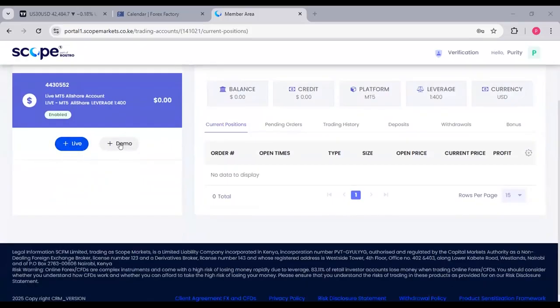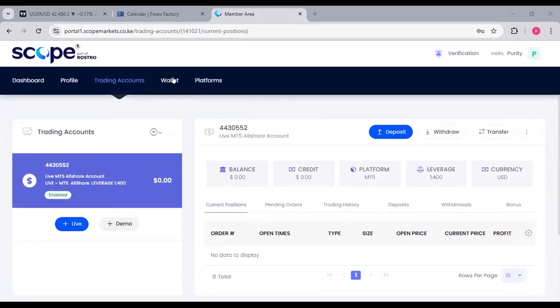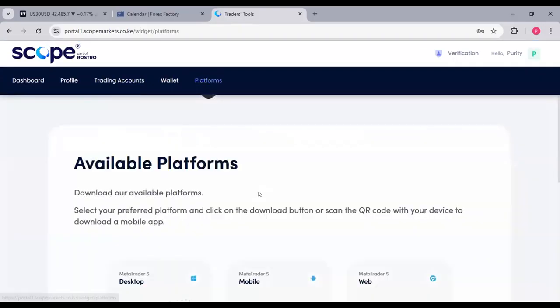Hi, Purity. Maybe you can begin from when you go to the website, where do you click, maybe you can log off, and then show us how you fill the details and sign up to that platform.